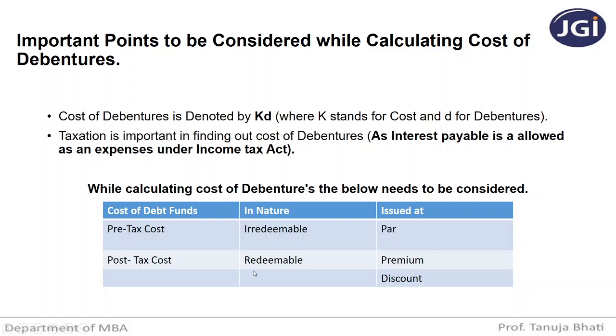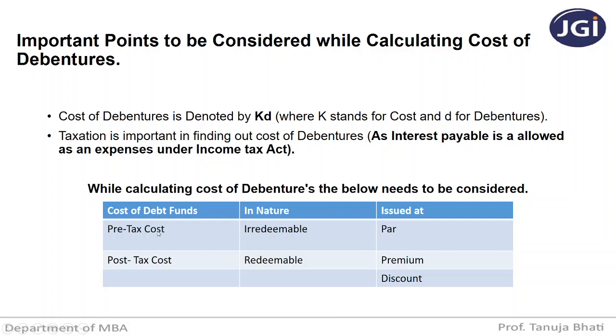So what are the steps? How will you start solving problems on cost of debentures? First, you will see whether in the problem they have asked for pre-tax cost or post-tax cost. Then you will see whether debentures are irredeemable or redeemable. Then you will check whether debentures are issued either at par, premium or discount, because based on these parameters the formulas will change. Based on these parameters the answers will differ.